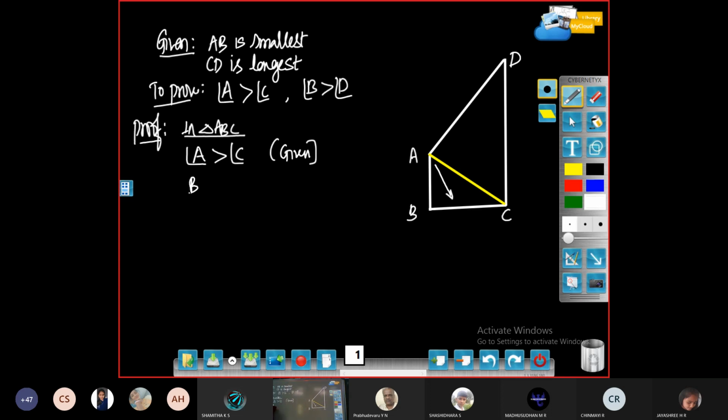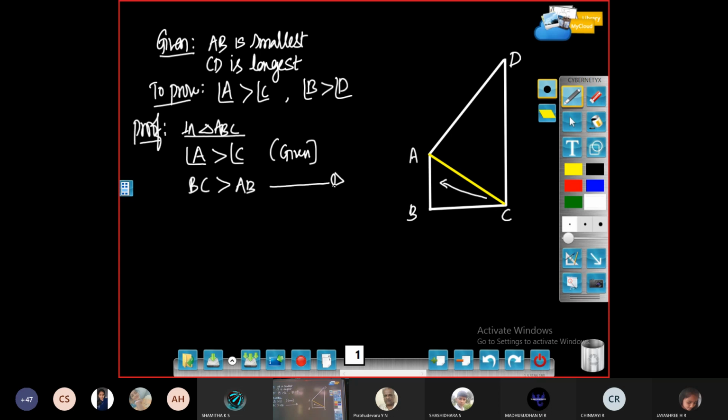So BC must be greater than what is the side opposite to C? AB, which is smaller. So BC must be greater than AB. We can write this as 1.